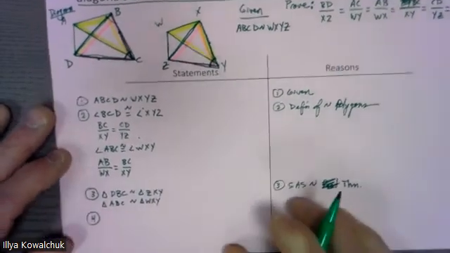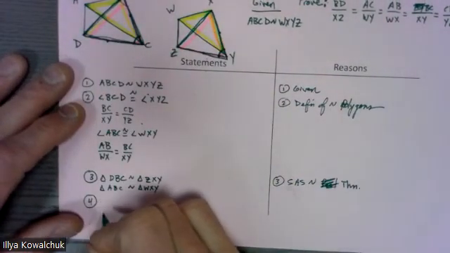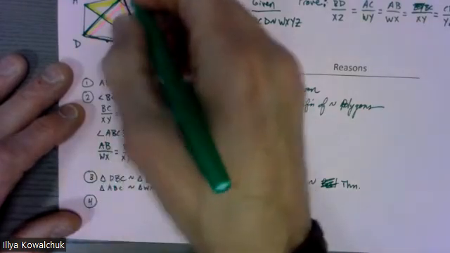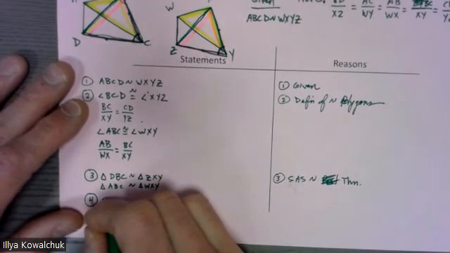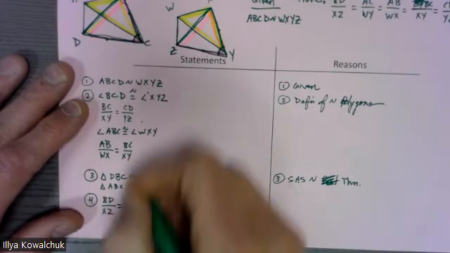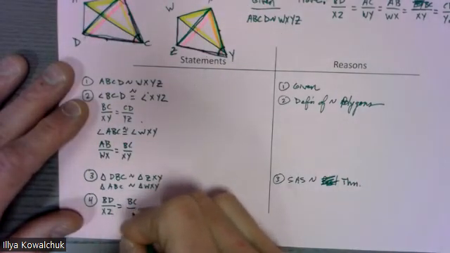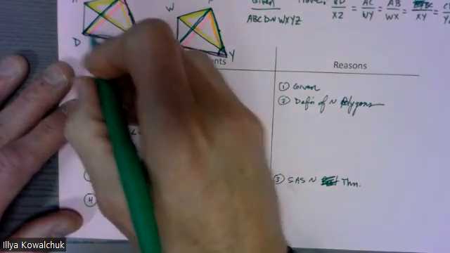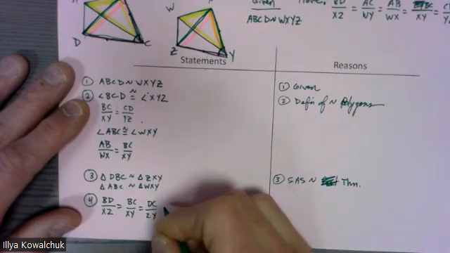4. Now I know, because those triangles are similar, that the diagonals are also in similar ratios. So that tells me that BD is to XZ as the other sides of the pink triangles are. BC is to XY as DC is to ZY.